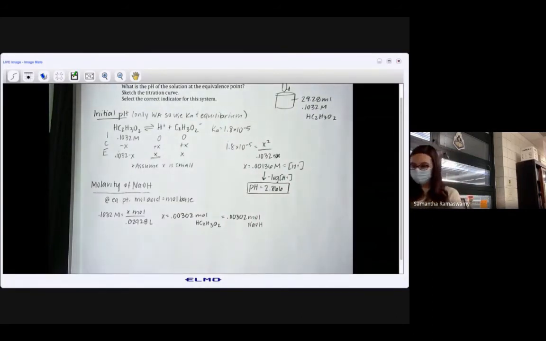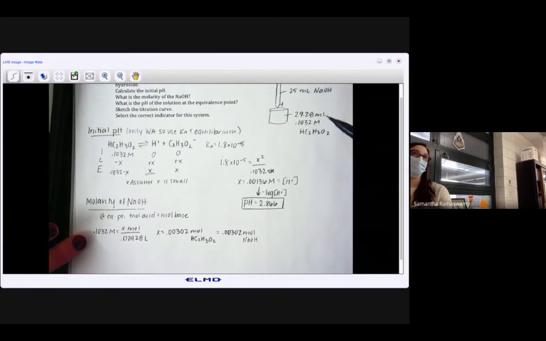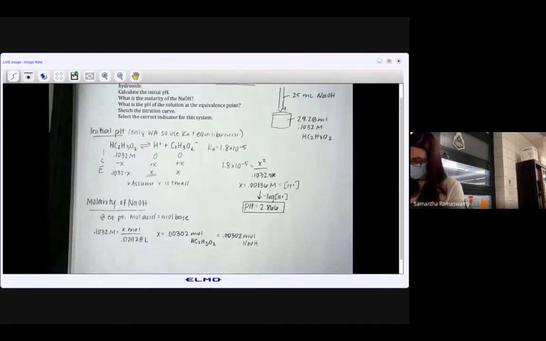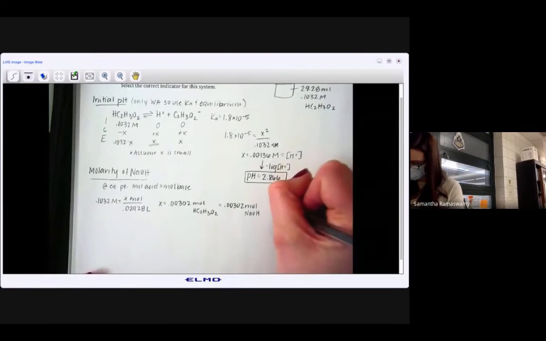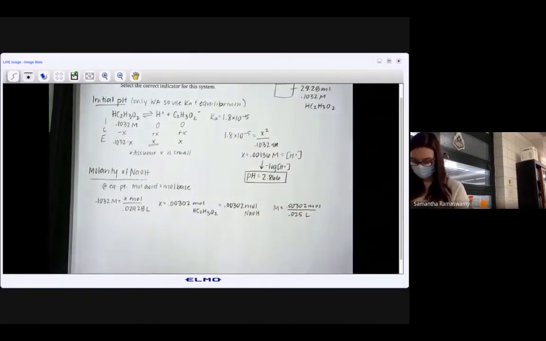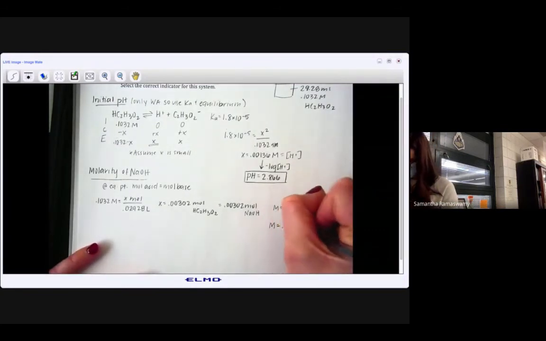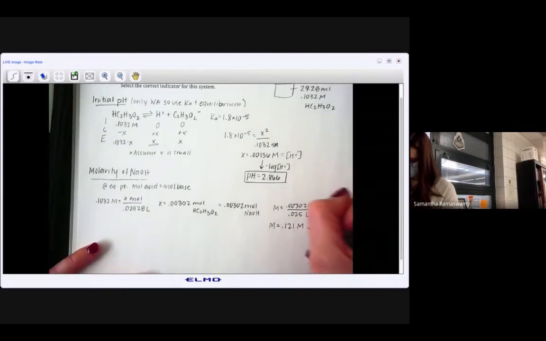The problem told us that it took 25 milliliters of NaOH to reach the equivalence point. So if we have moles of NaOH and we have liters of NaOH that was required, we can figure out the concentration. 0.121 molar NaOH.